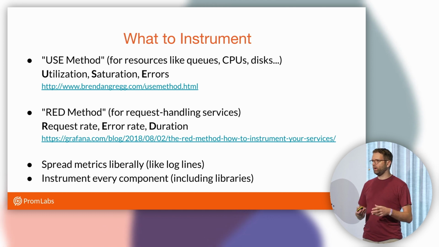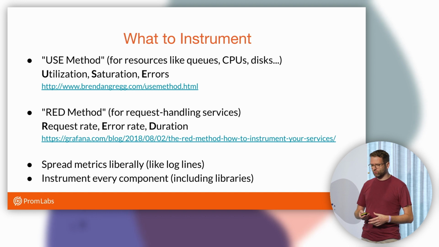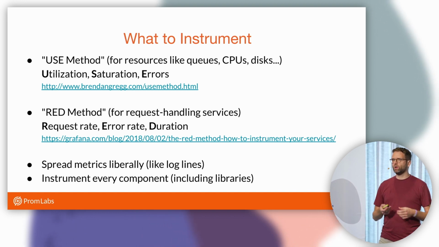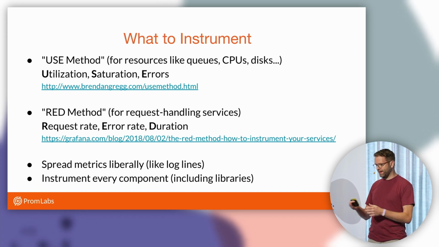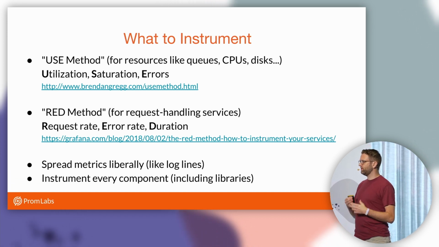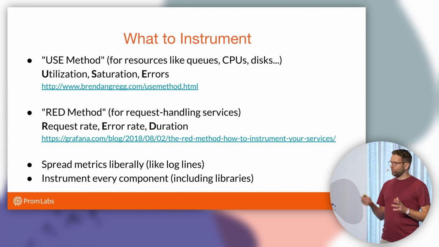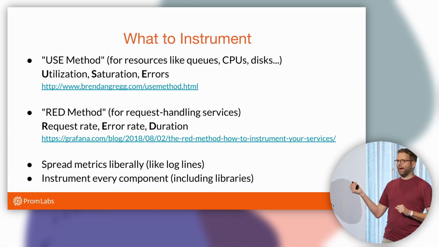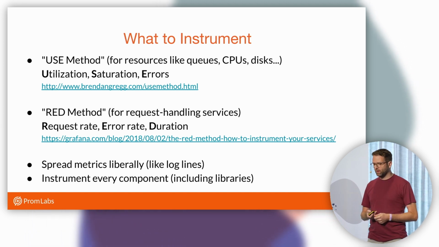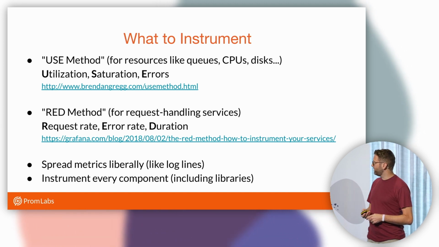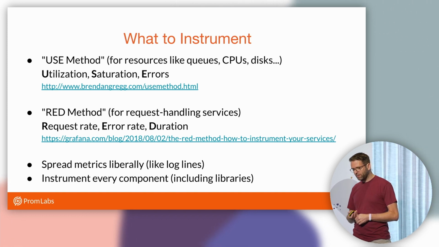If what you are adding metrics to looks a bit like a resource, like a CPU, disk, a queue, things that can be full or empty, that have a certain utilization, saturation, things waiting for things, then the USE method is one handy guideline for what types of metrics to add to such a system. You can find more details about that on this link by Brendan Gregg, who actually, I think, invented the term.